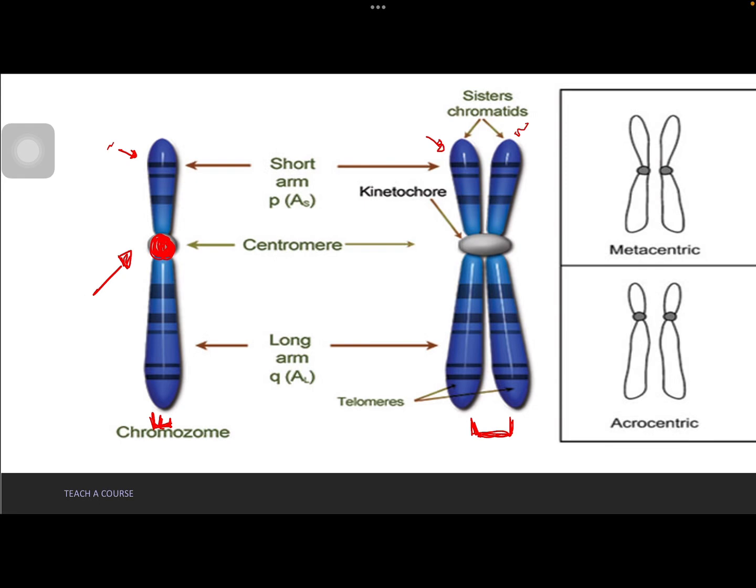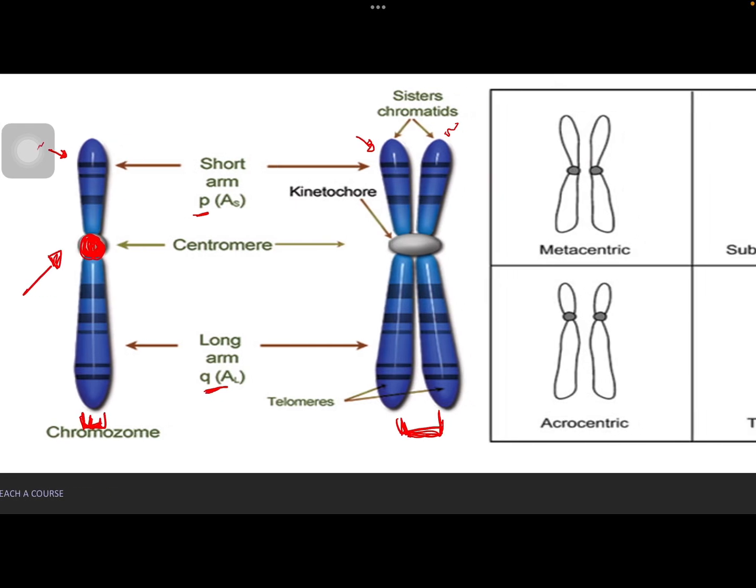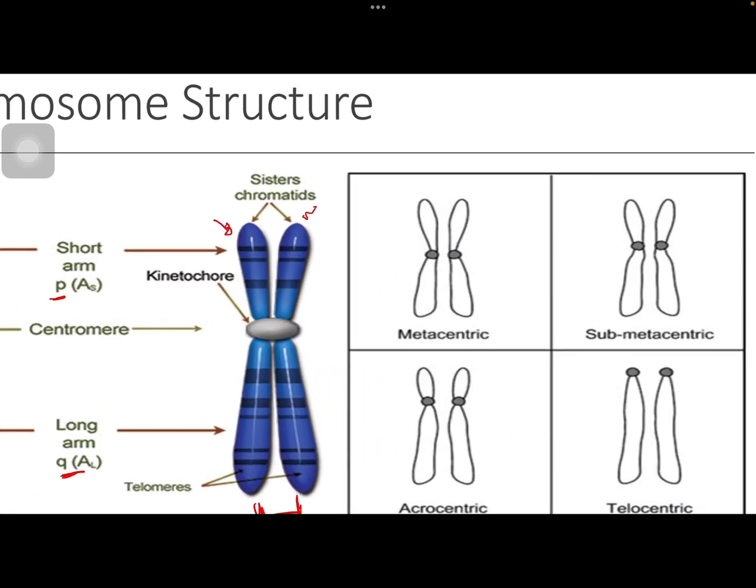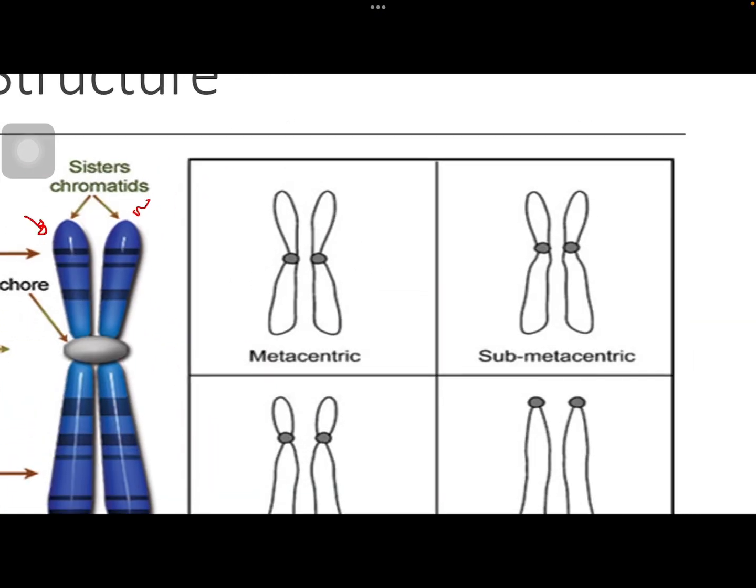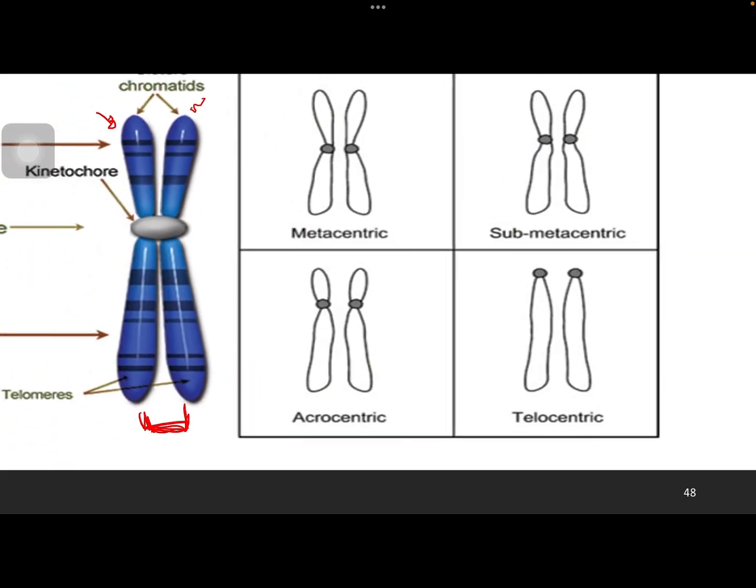But in cell replication, we call this one a chromosome. We have the short arm, sometimes called the P-arm, and the long arm, called the Q-arm. Short is P, long is Q.